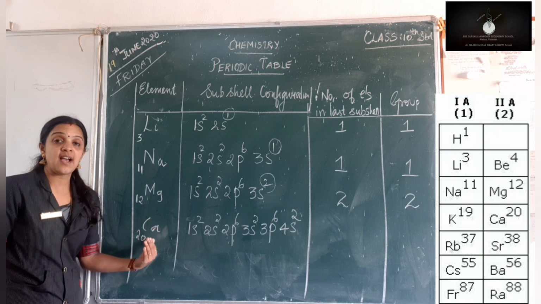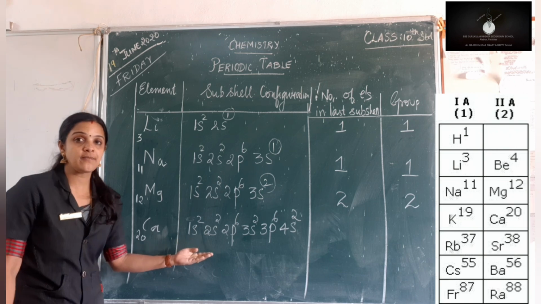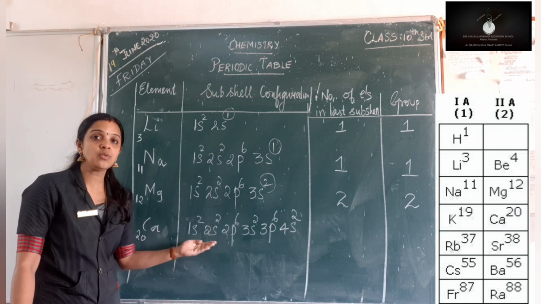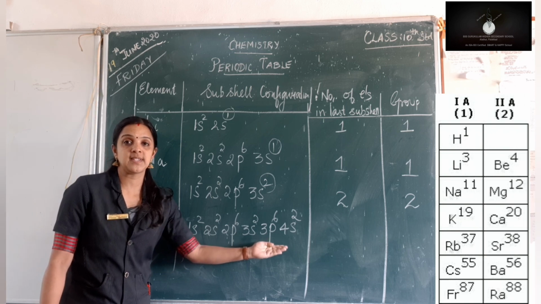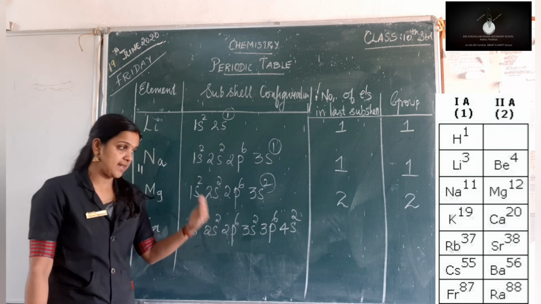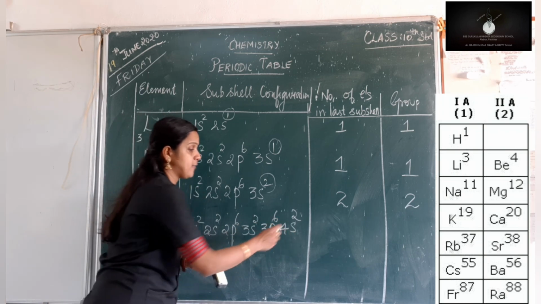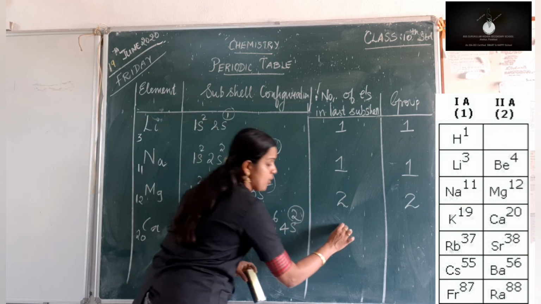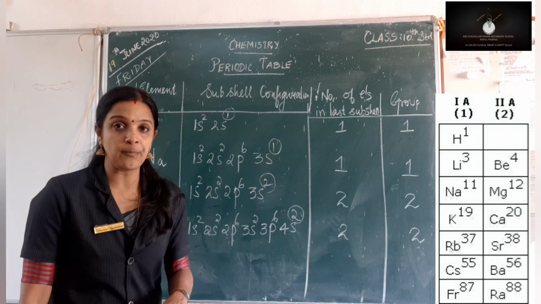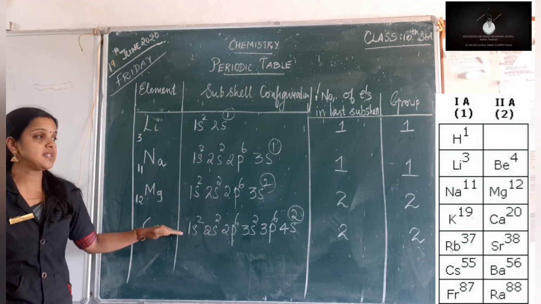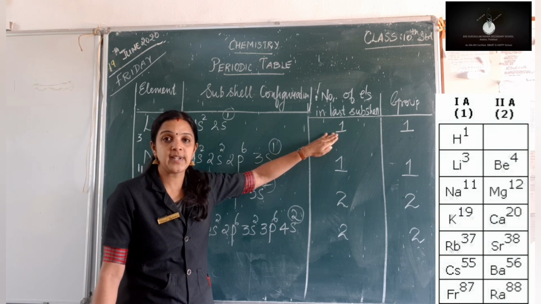Now the last question is calcium, 20. The configuration is 1s2, 2s2, 2p6, 3s2, 3p6 and 4s2. Again, how many electrons are there in my last subshell? I have 2 electrons. So calcium belongs to which group? Second group.